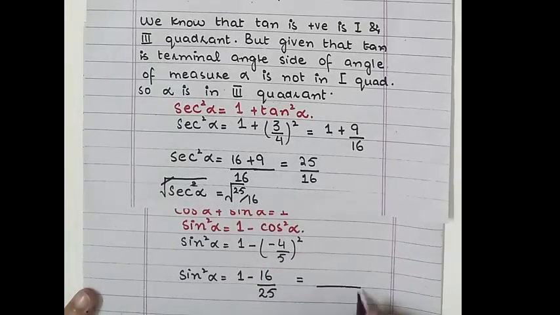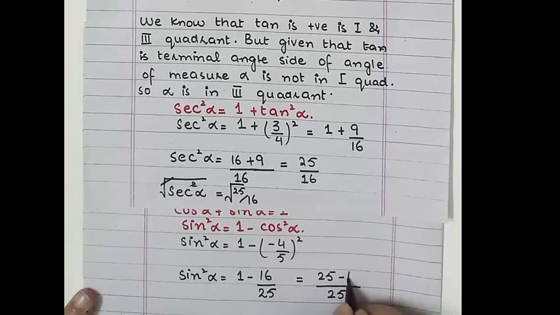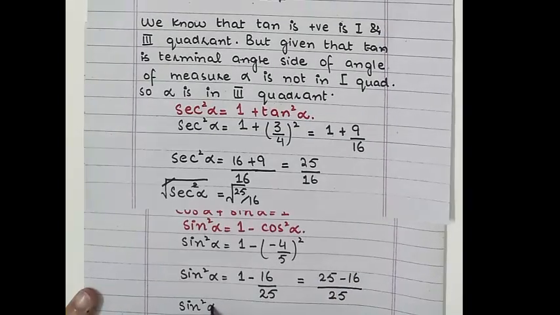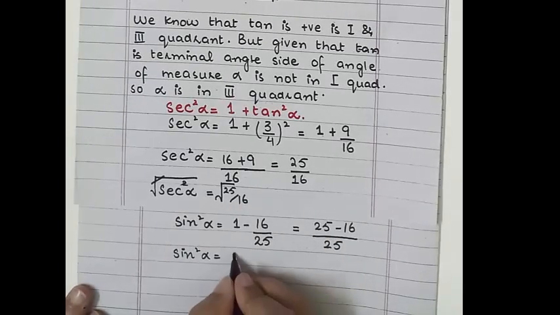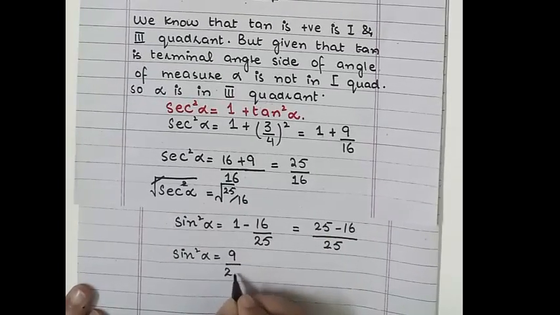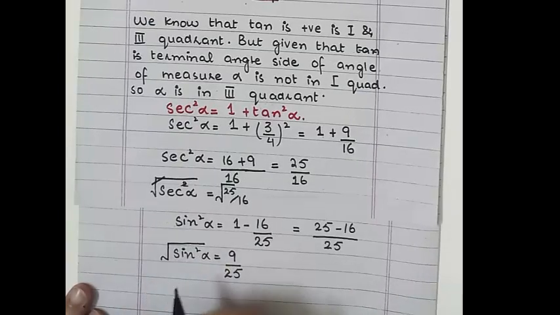Taking the LCM, which is 25, we have 25 minus 16. So sin square alpha is equal to 25 minus 16 is 9, so 9 over 25. Now taking the square root, because we want only the value of sin alpha.